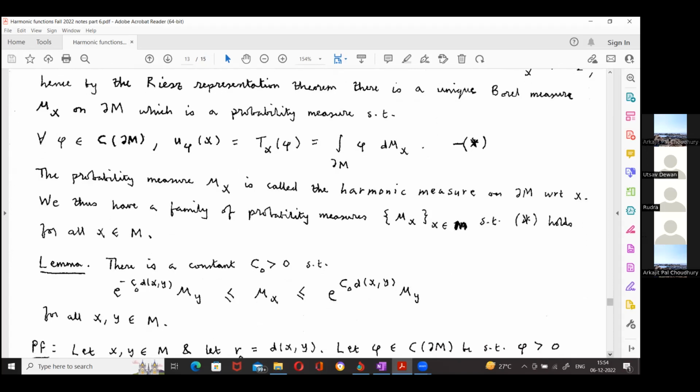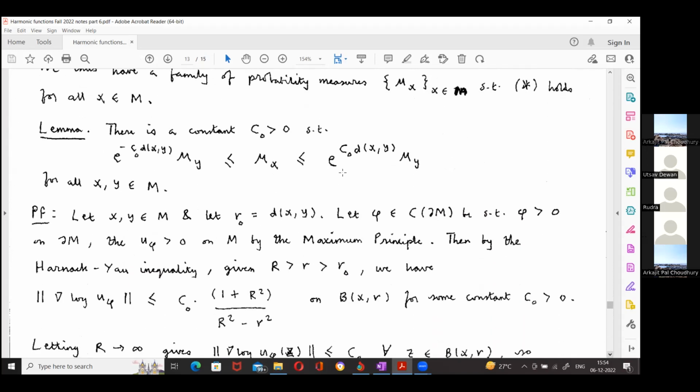And so, yeah, I did do some more things. These probability measures are mutually absolutely continuous. Okay. So in fact, mu x is less than e to a constant times the distance between x and y times mu y. Okay.